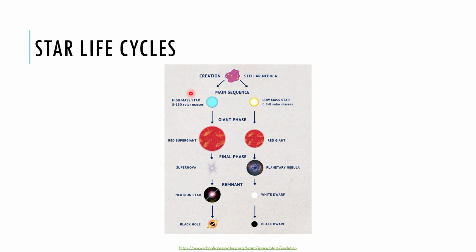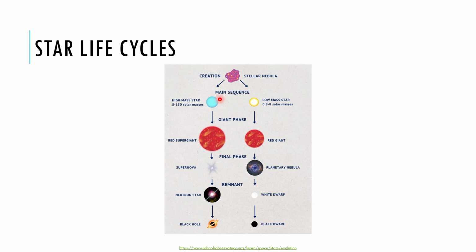But for high mass stars, what can happen is that all of this mass stops getting pushed outwards and gravity takes over, becomes a more dominant force, and all of the matter begins to collapse in on itself. And so there's this big crushing effect, and all of the matter is squeezed in together more than it usually would be in the main part of the original star's life cycle.